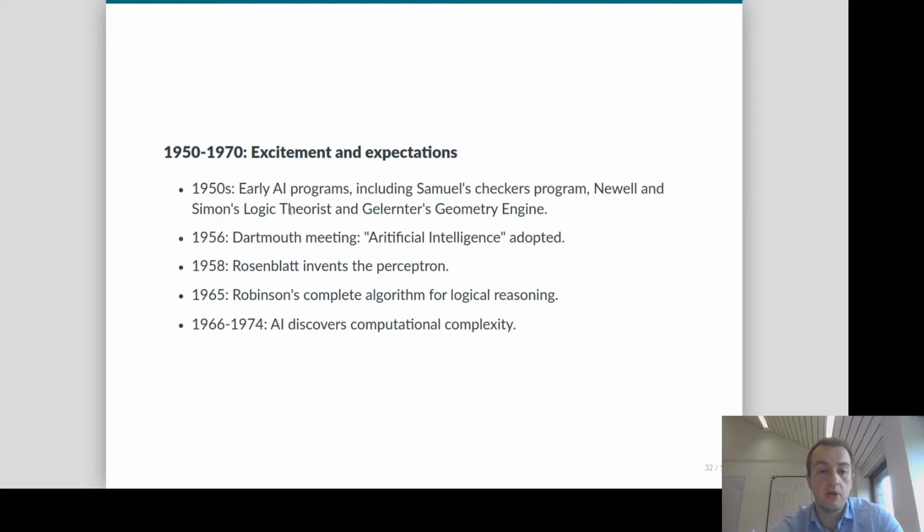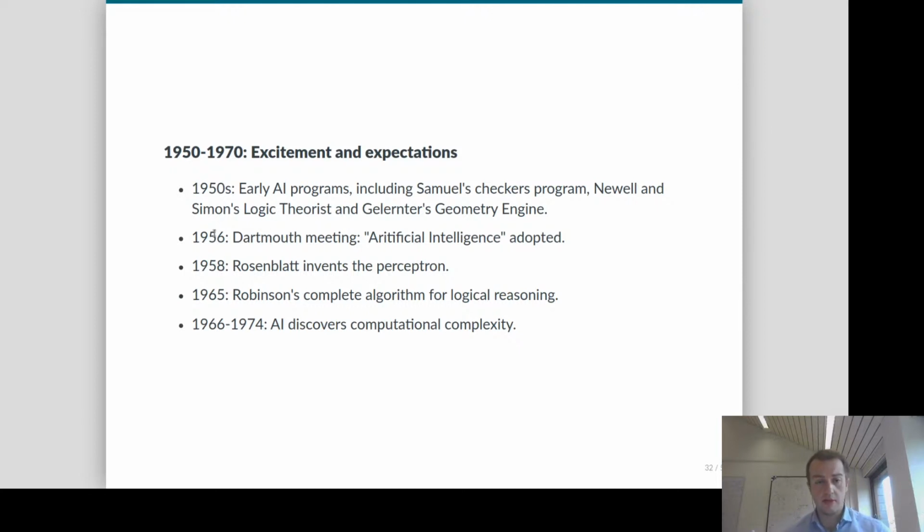Another important contribution is the Logic Theorist, which implemented early prototypes of this Prolog language I was mentioning earlier, and also a geometry engine in which you could ask geometry problems to the machine and it would answer. In 56, there is this important event known as the Dartmouth meeting, in which in particular the term artificial intelligence was introduced and then adopted.